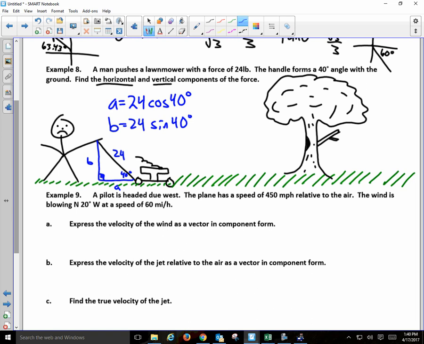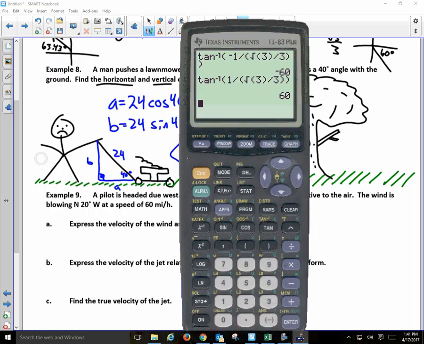So although he's exerting 24 pounds of force, that's not how many pounds of force he's exerting horizontally or vertically. That's at an angle. So let's figure out how many pounds of force are actually in each direction. We'll just take out our calculator because there's no nice value for sine of 40 or cosine of 40.